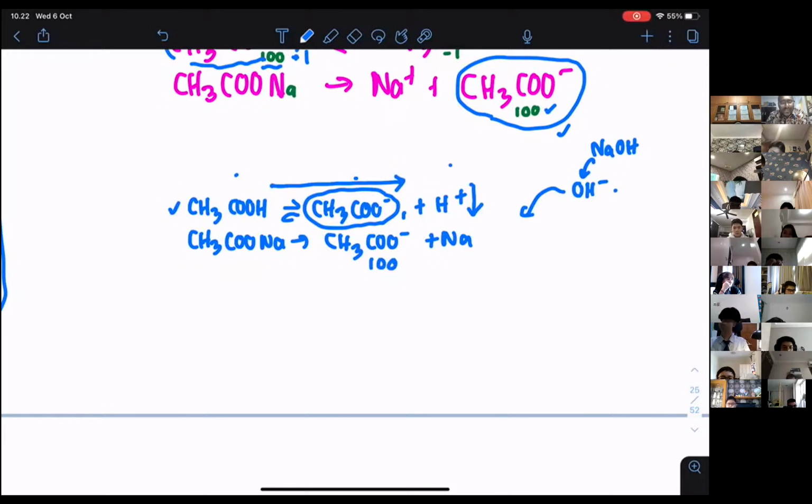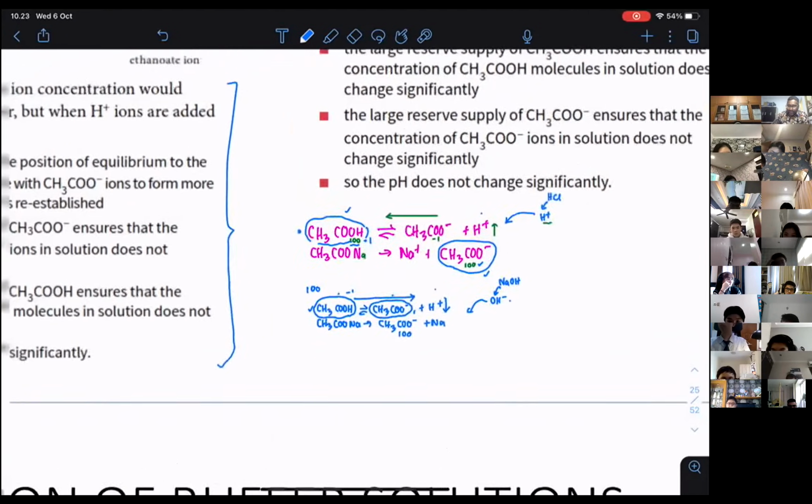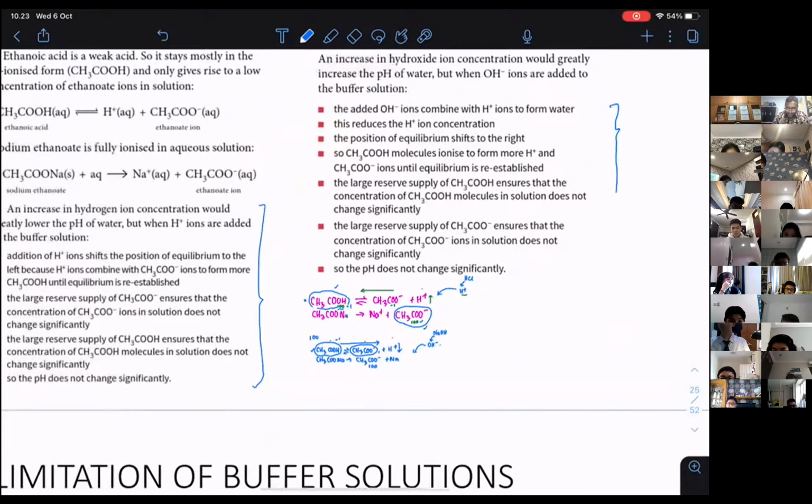And during that process there is a decrease here. But how many? A decrease of 1, from 100. Is it going to matter a lot? The answer is no, because there is a large reserve of the weak acid, because the dissociation is not so good. So that explains everything over here.